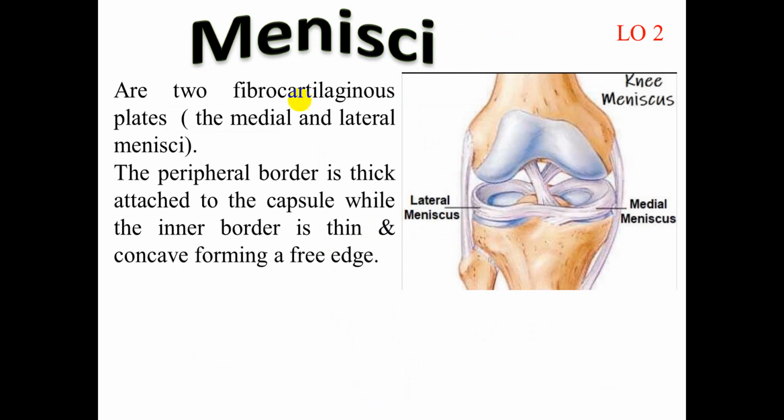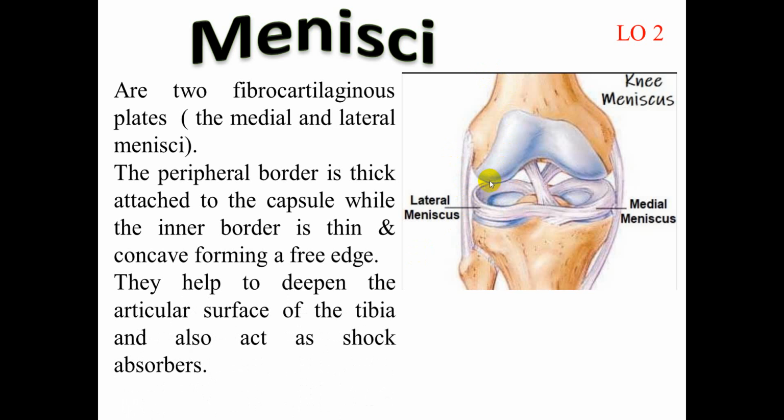Another stabilizer is the two fibrocartilaginous plates, the medial and lateral menisci. Here the peripheral borders of the menisci are attached to the capsule, while the inner borders are thin and concave, and they have free edges. So the attachment of the menisci is at the periphery to the capsule.